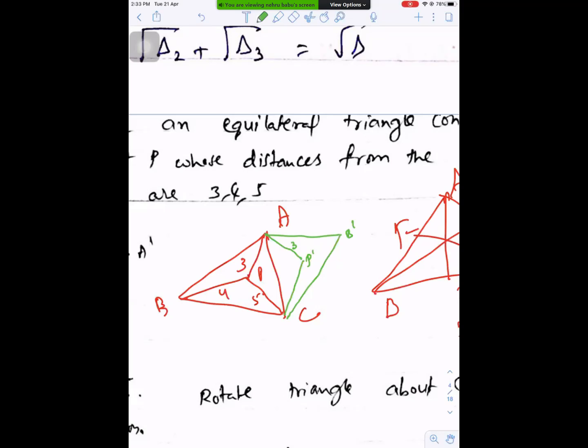Sir, we reflected in this case. We didn't rotate it. We take the image of this part. If this is 5, here also you have to get 5. If this is 3, here also you have to get 3. And this length you have to get as 4. Now what is this angle?